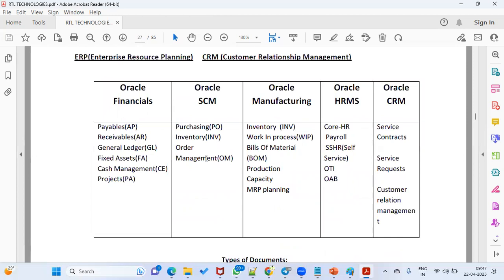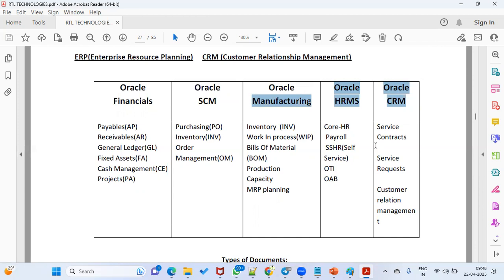Most of the requirements will be on financials and supply chain management, these two. In very rare cases we will get a requirement for manufacturing, HRMS, and CRM. Very few people will use them. 80% of the requirements will be on financials and supply chain management. That's why when we learn technical, we'll always learn in financials as well as in supply chain management, as a technical consultant or even as functional people.